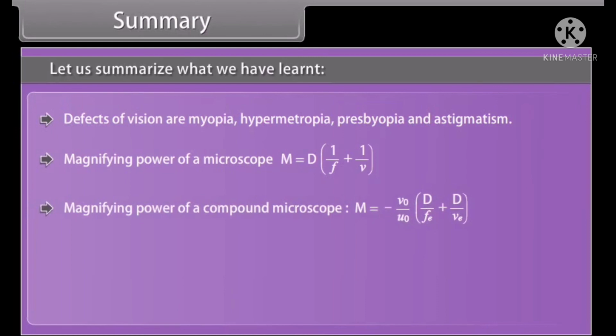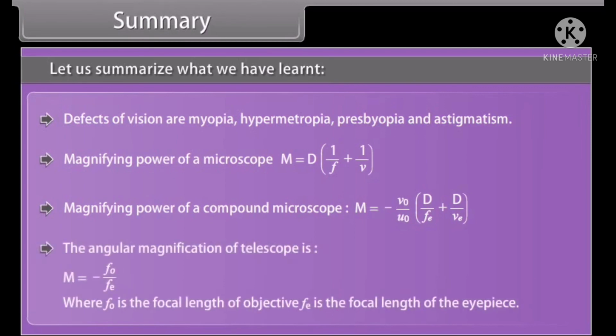Magnifying power of a compound microscope, m is equal to minus v0 upon u0 into (D upon fe plus D upon ve). The angular magnification of telescope is m is equal to minus fo upon fe, where fo is the focal length of objective and fe is the focal length of the eyepiece.